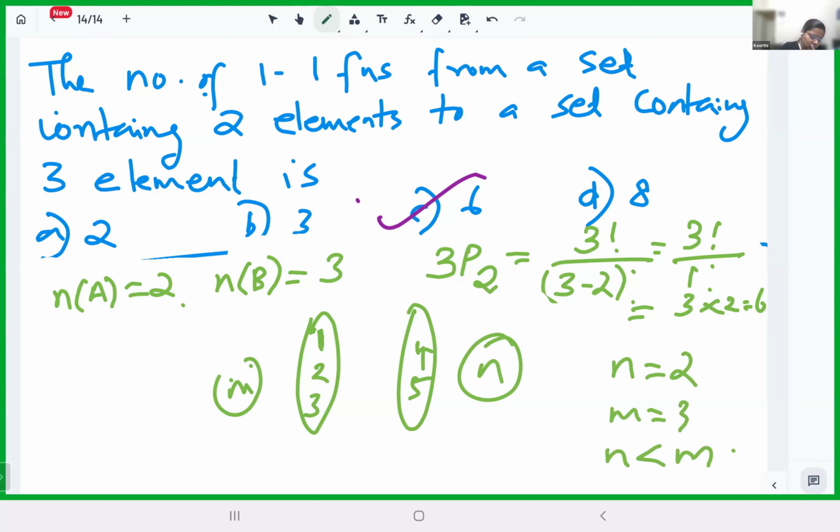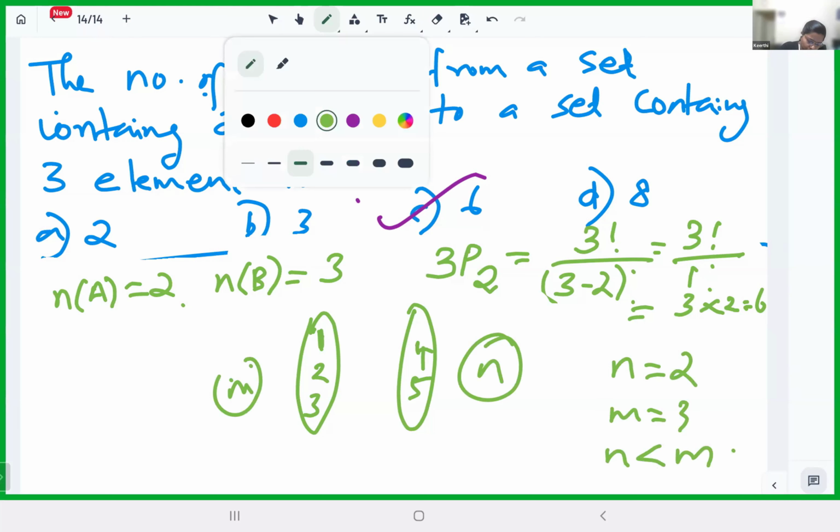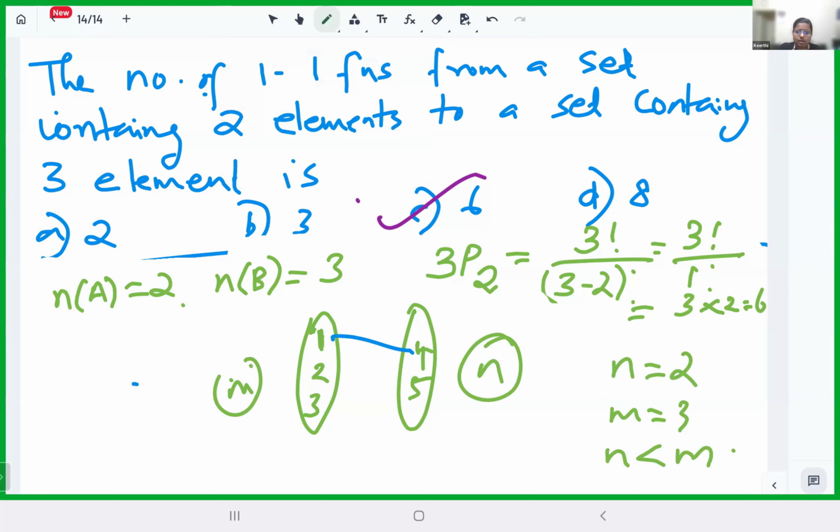Right. Now you are going to map 1 with 4. Then it should be a one-one function. So I'm going to map 2 with 5. Now, do you have any image for 3? Every element in a function should have an image, right? We map 3 to 4.